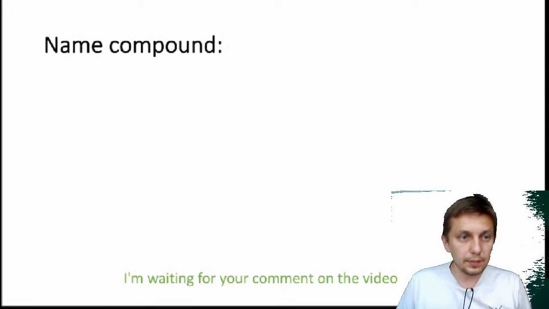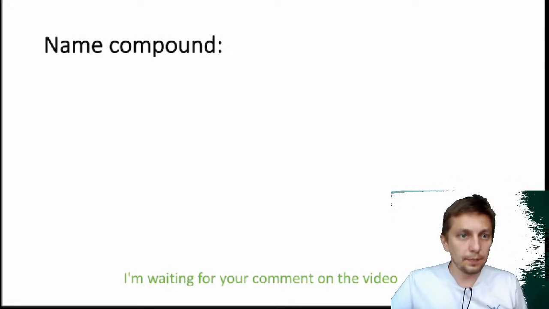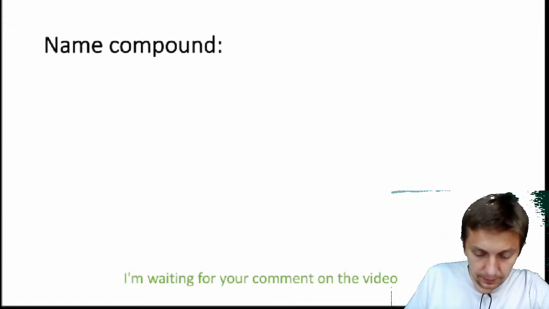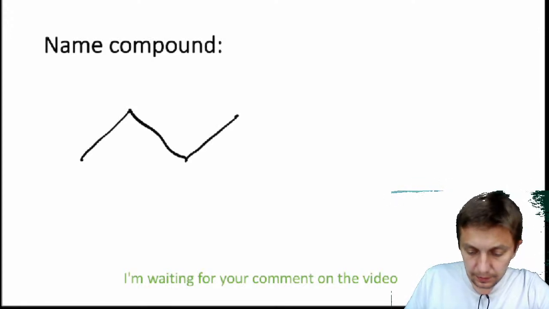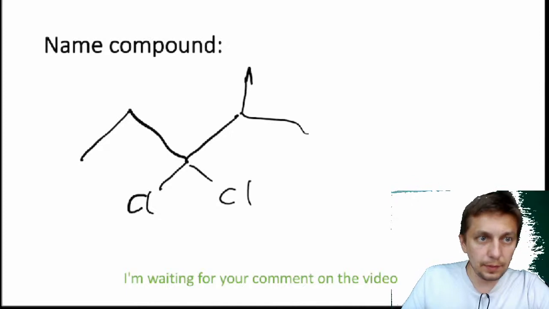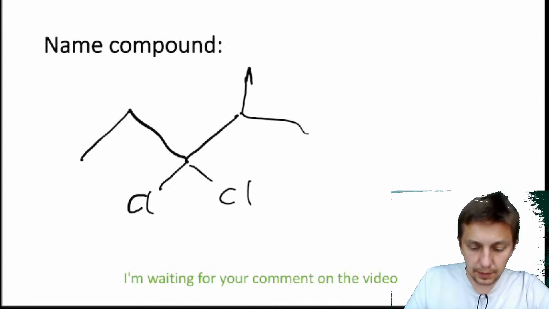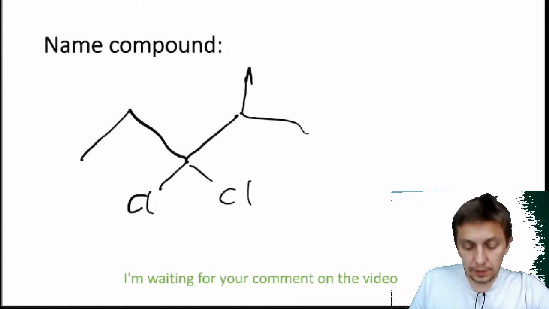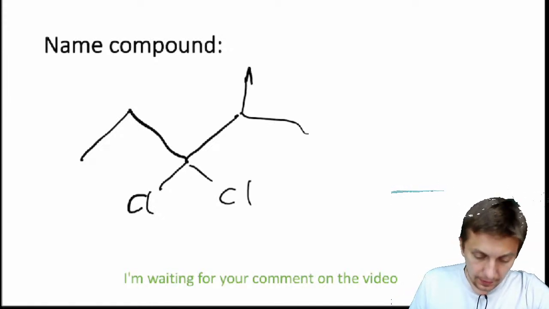Second option, for example, we name this compound with Cl, Cl, and like this. Very big, very complicated compounds. So we can name it. Again, find the longest chain.